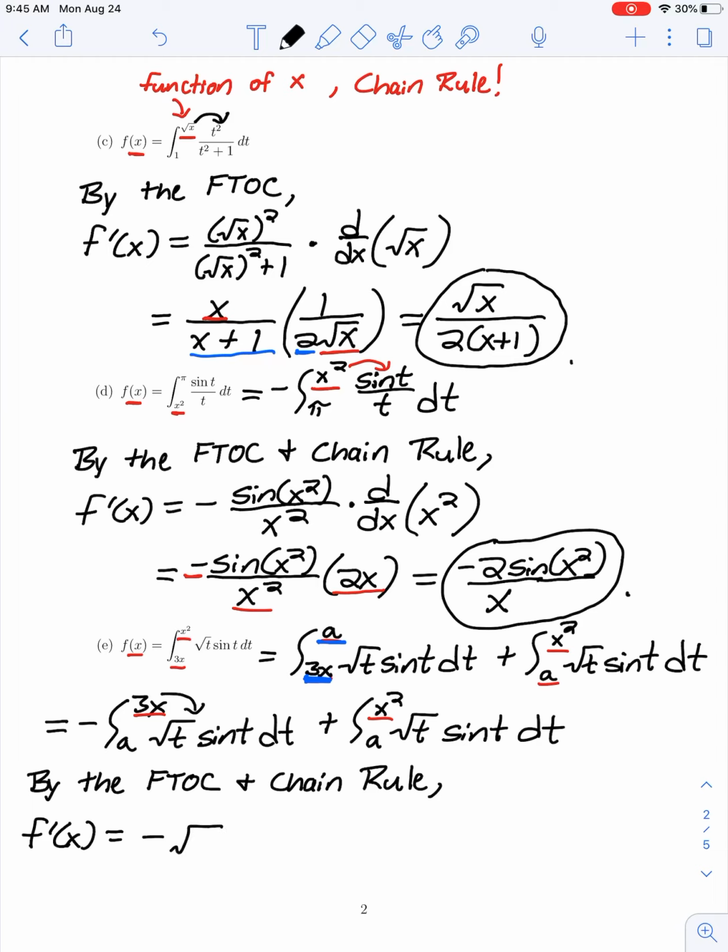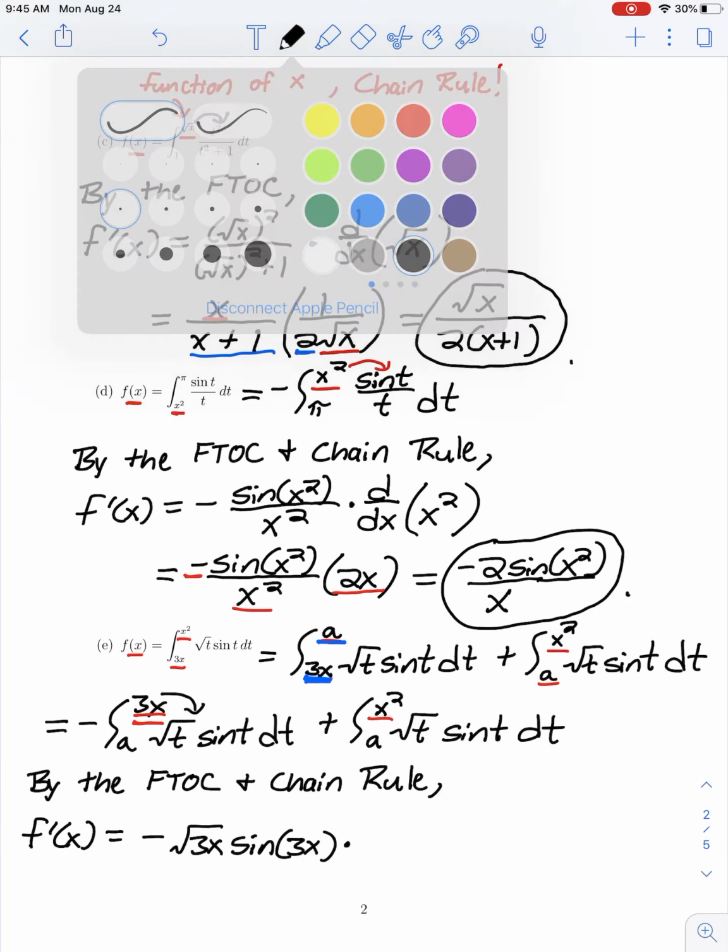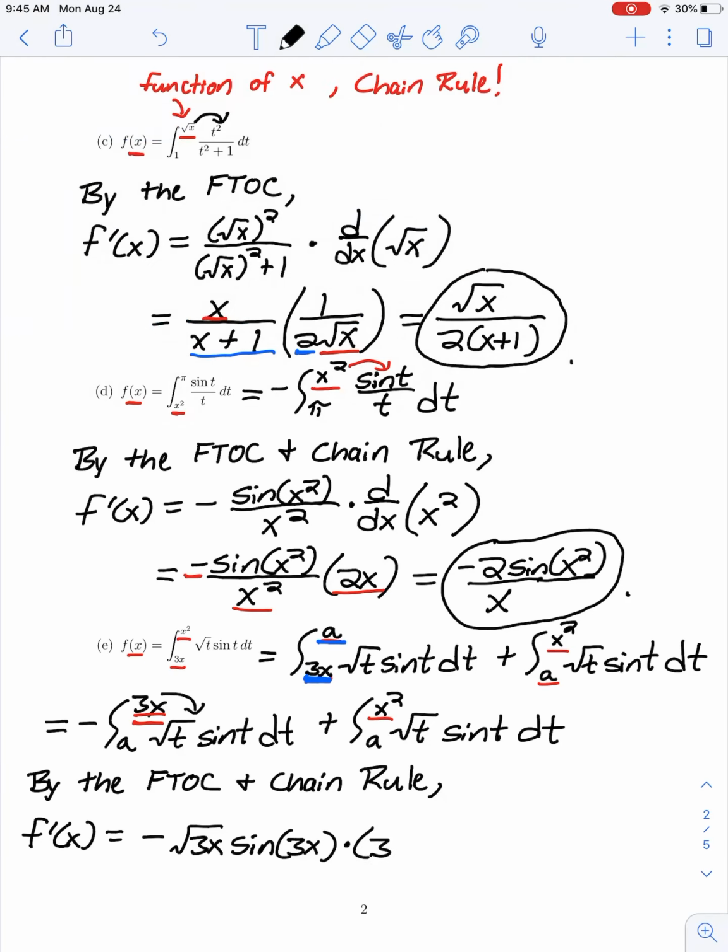So we would have the square root of 3x times sine of 3x, but then we have to multiply by the derivative of the inside function. In this case, our inner function of x was 3x, so the derivative of 3x is 3.